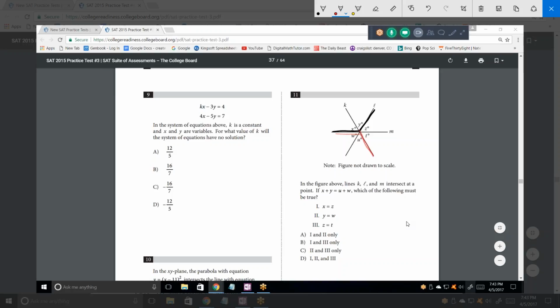Now, what else has to be true? Hold on a second. Let me erase that because it's getting in the way of me seeing it. Let's see. X plus y is equal to u plus w.